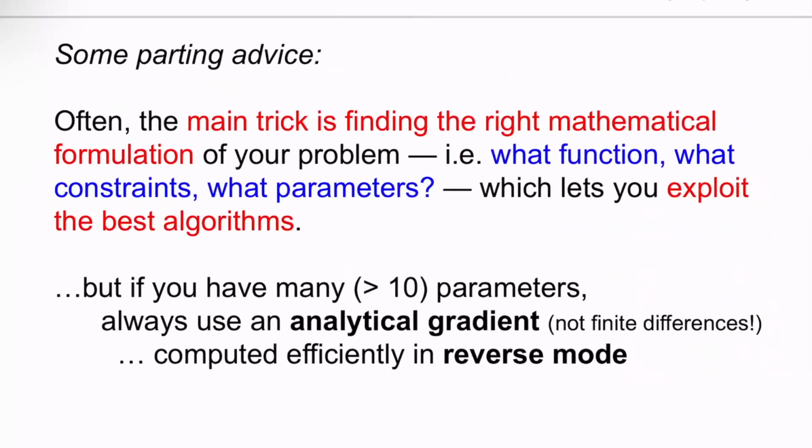Some parting advice on this is that when you're doing large scale optimization, the main trick is often not the details of these optimization algorithms. You're usually using off-the-shelf algorithms.